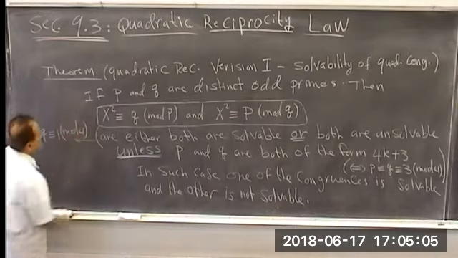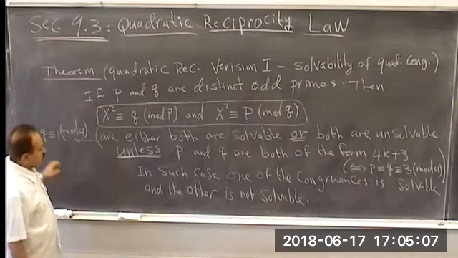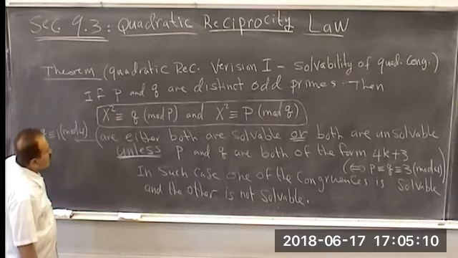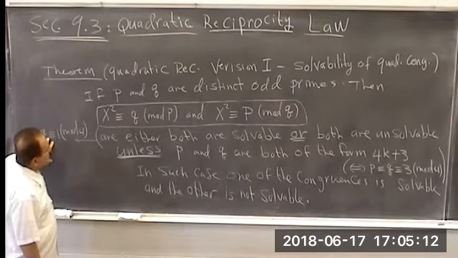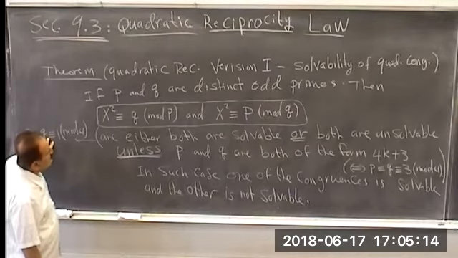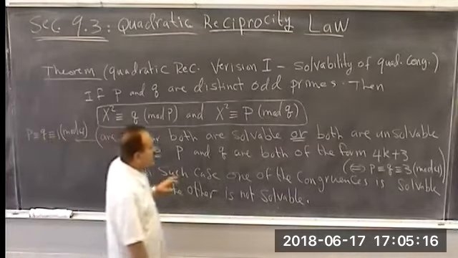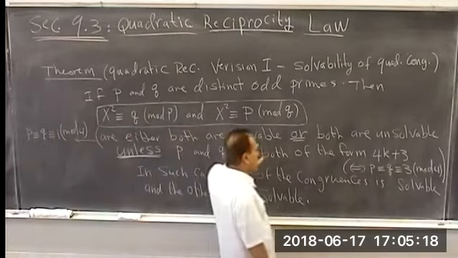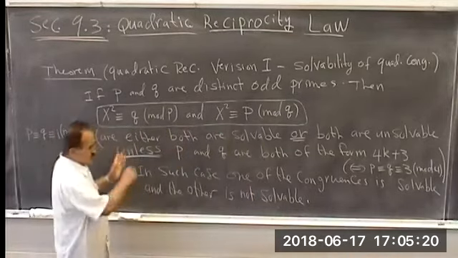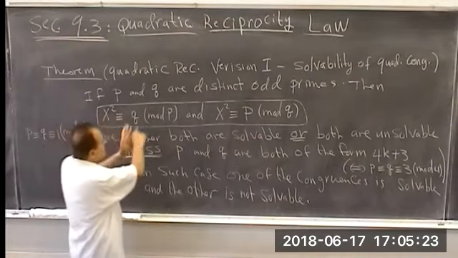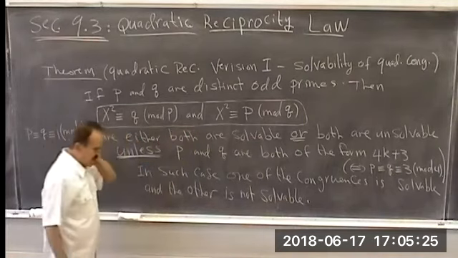Okay? So if at least one of these is congruent to 1 mod 4, we're going to see that both congruences are solvable or both are not solvable. Okay? So if this has a solution, the other one has a solution, and vice versa.